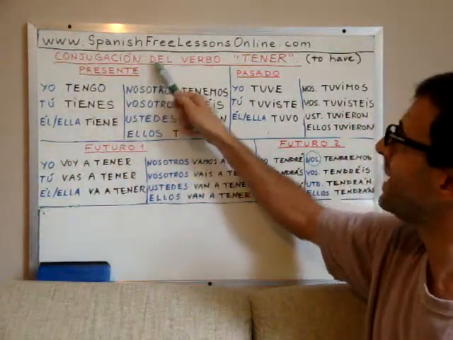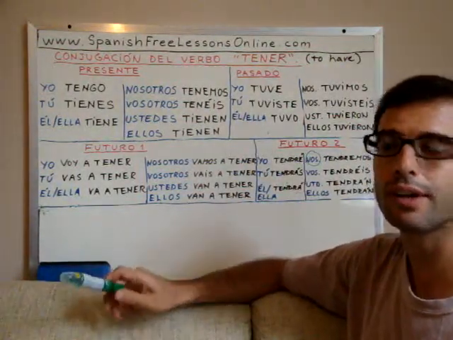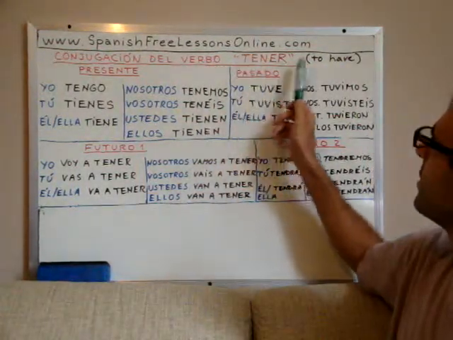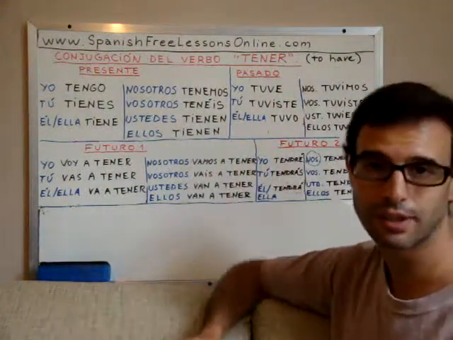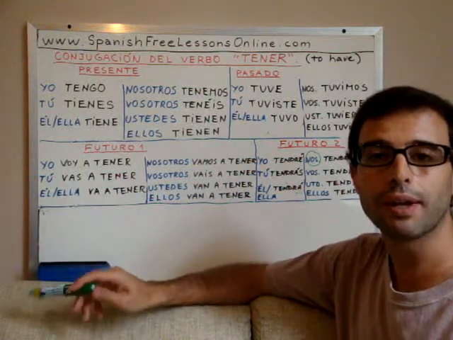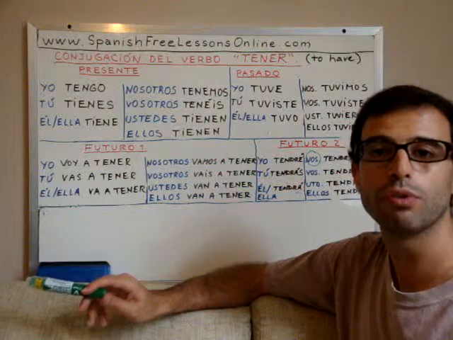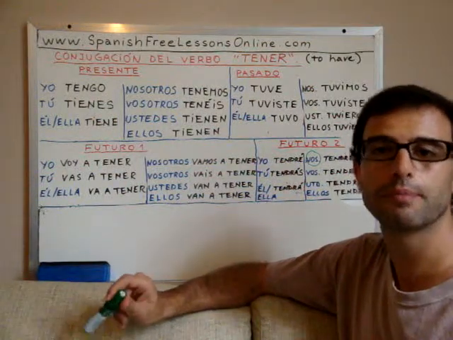So we will see conjugación del verbo tener. Verb tener is to have, right? However, verb tener also applies to situations where in English we use the verb to feel. Why?